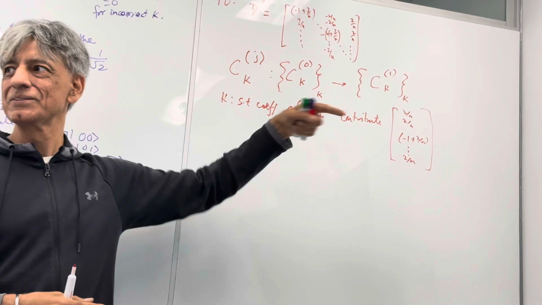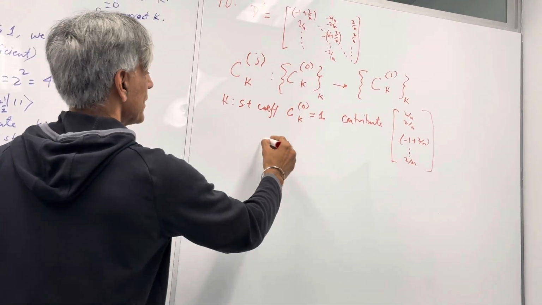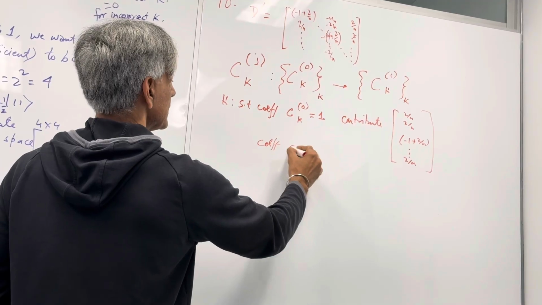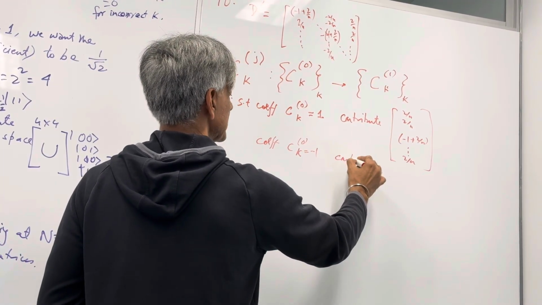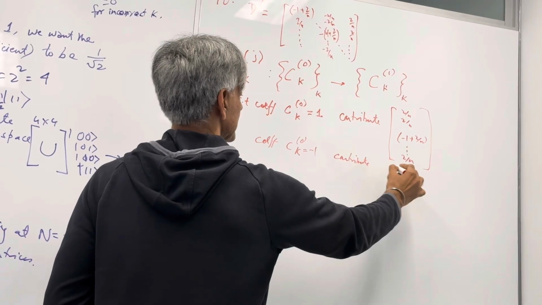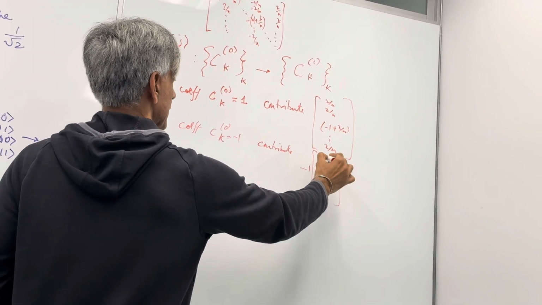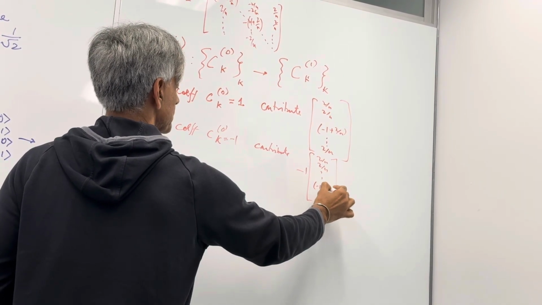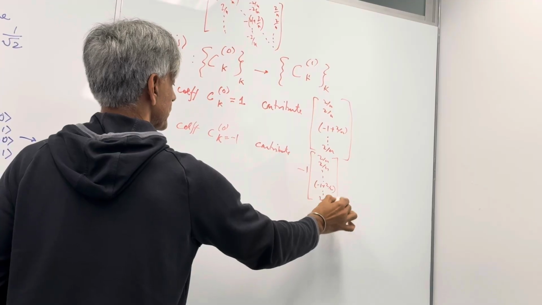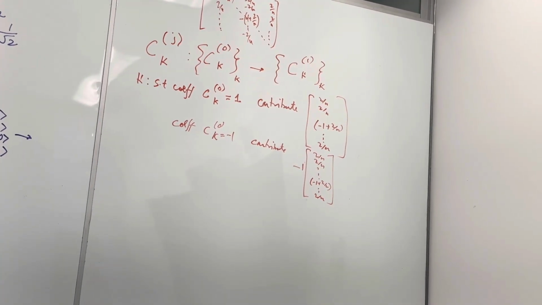So that guy's contribution. Whereas if coefficient C0K is -1, it's going to contribute just the negation of this.